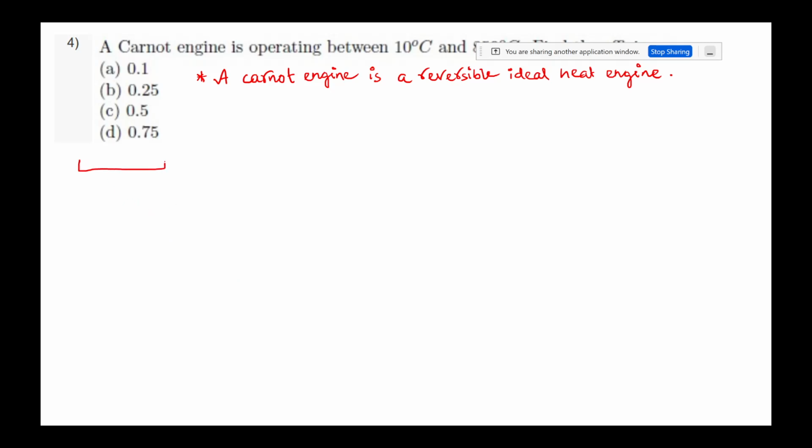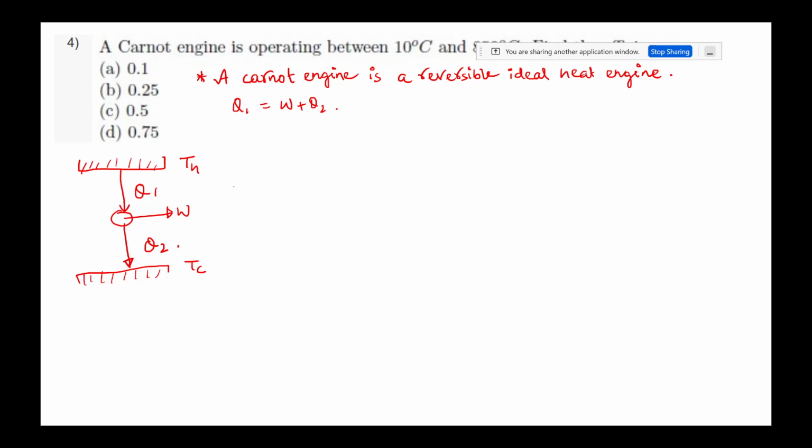There are two baths, hot bath and cold bath. You take some heat and you do some useful work, and the rest you just eject, right? So this is TH, this is TC, and Q1 is W plus Q2.